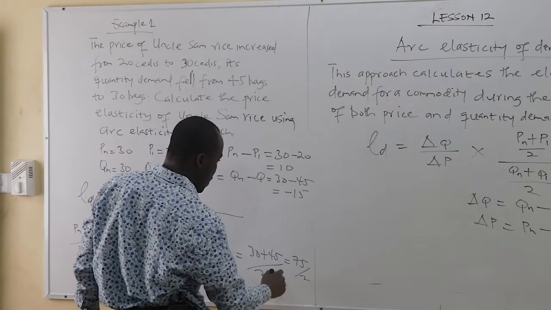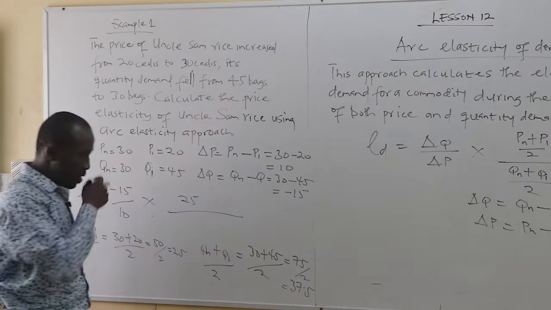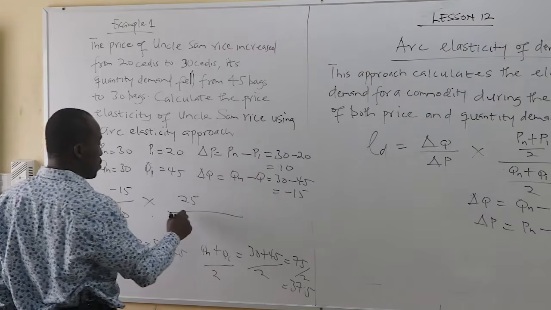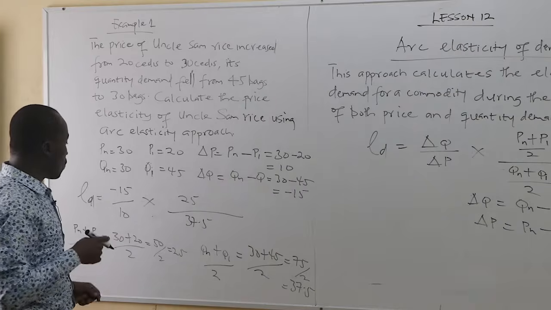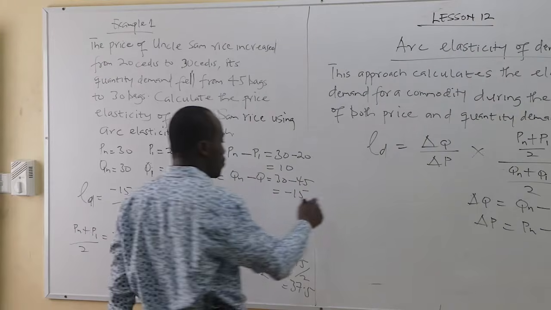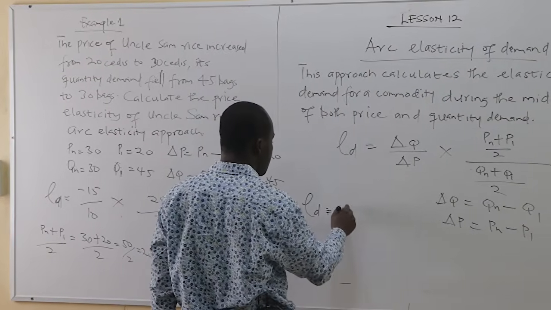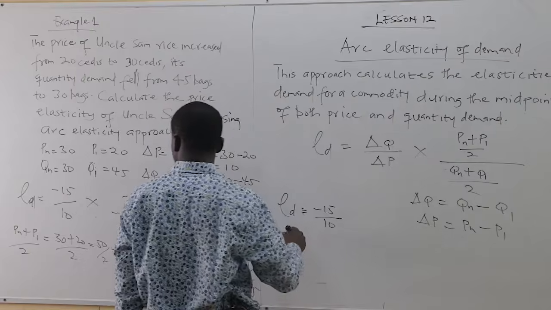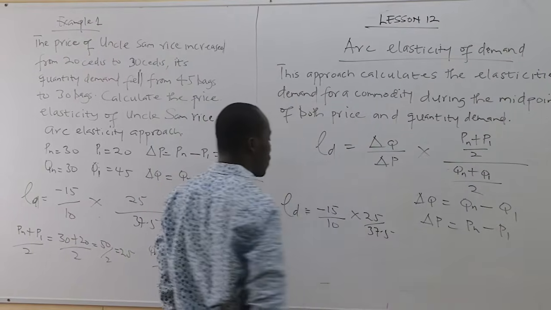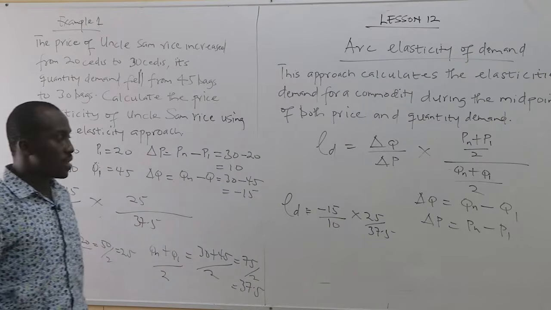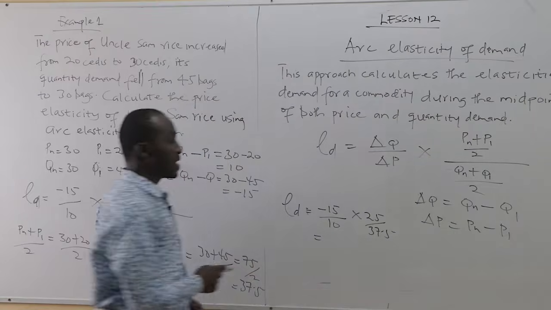And then you're going to get something like 37.5, right? I think my guess is true. So it means that now the elasticity can be rewritten as negative 15 over 10 times 25 divided by 37.5, right? You can multiply the top, multiply the bottom, and divide.